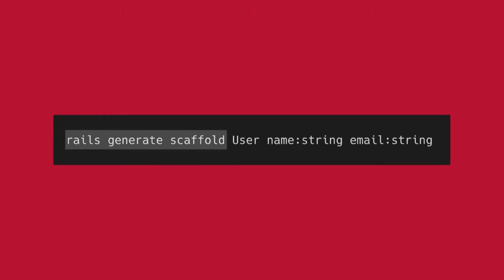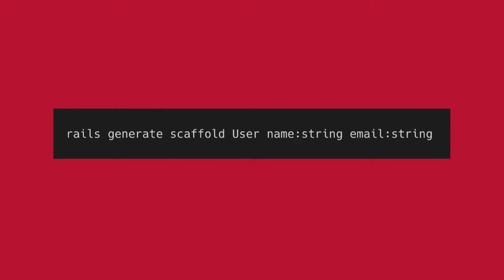The argument we pass to the scaffold command is the singular version of the resource name, in this case, user. Optionally, we can also pass parameters for the data model's attributes. Take note, there's no need to include a parameter for ID. It's created automatically by Rails to use as the primary key in the database.